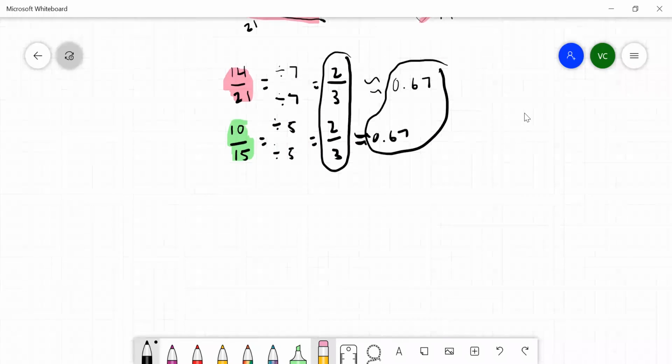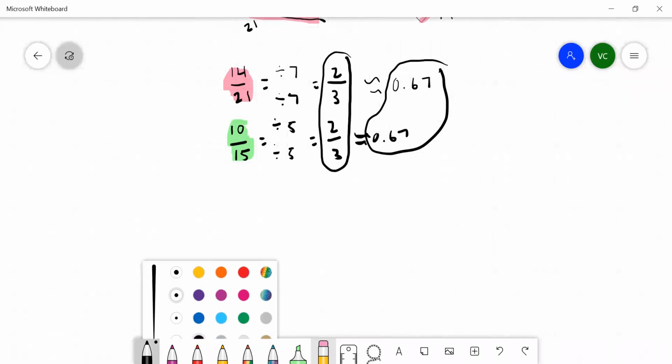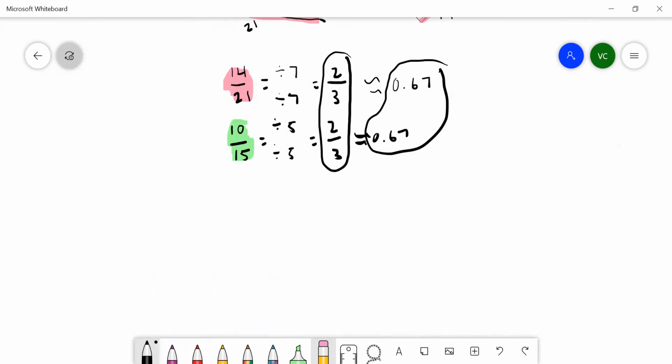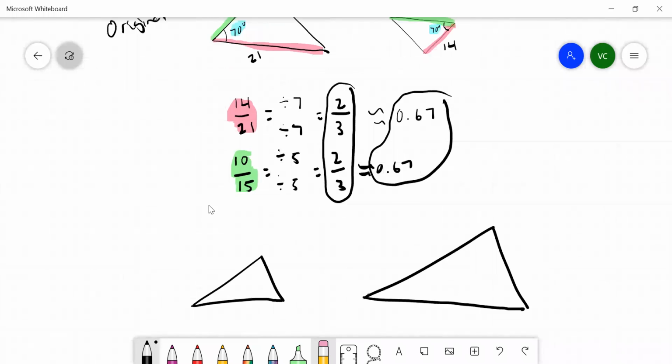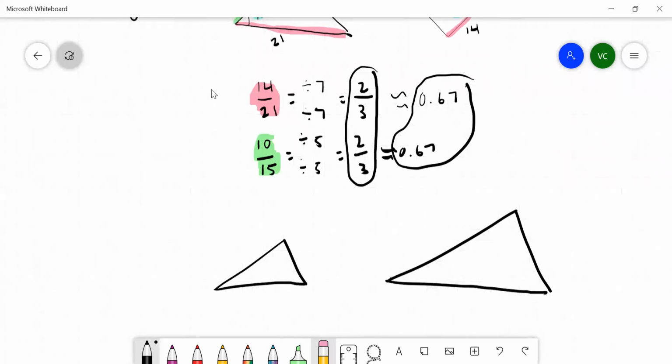Now here's a question. What if they gave you the same numbers? Let's say there's two triangles. I'll make them a little easier to identify. And let's say that they gave you 15, 21, 10, and 14.